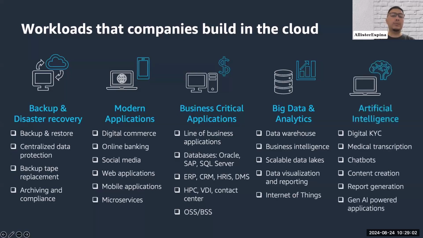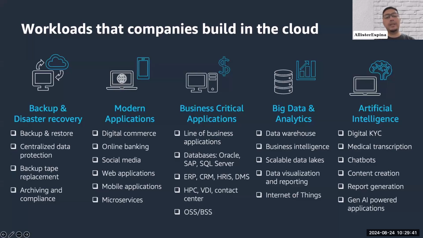And then it allows for artificial intelligence applications and use cases like digital KYC, know your customer. You may notice in some fintech and mobile banking applications, you're not required to go to the bank physically to have your KYC done. You can do it by taking a selfie with your ID, and then in the back end, a machine learning model will try to validate your image against your existing valid IDs.